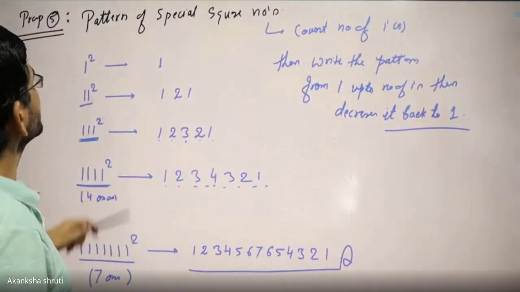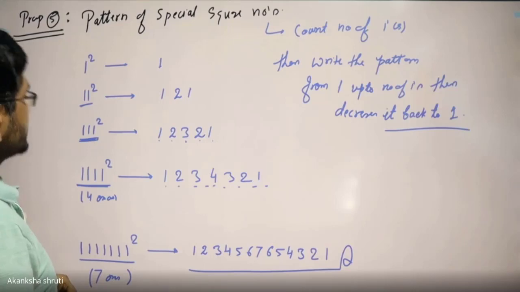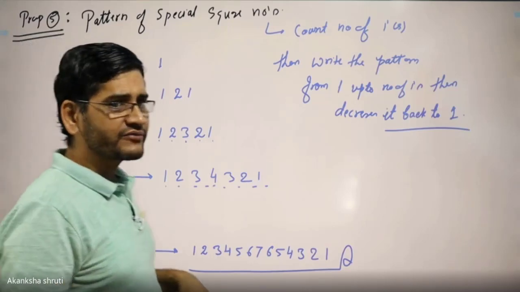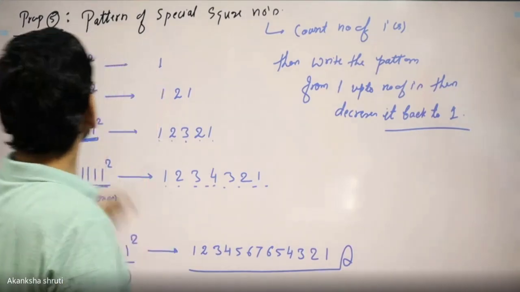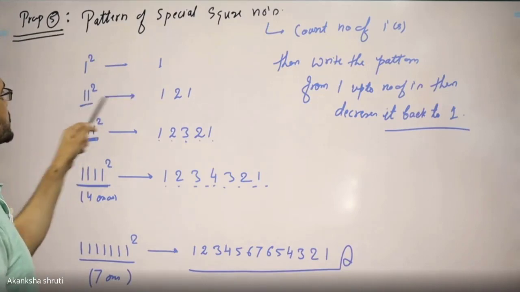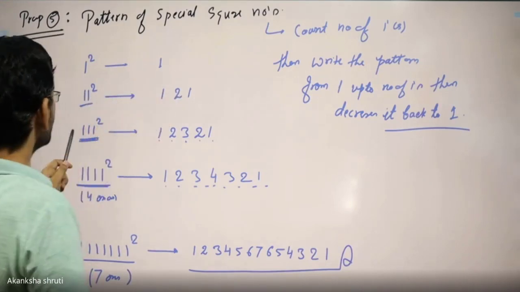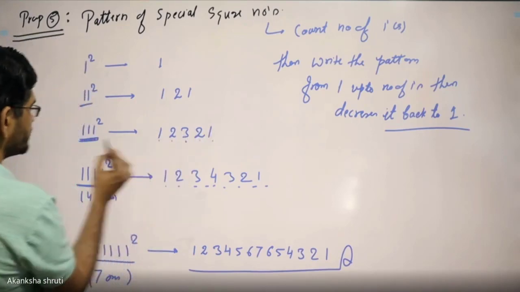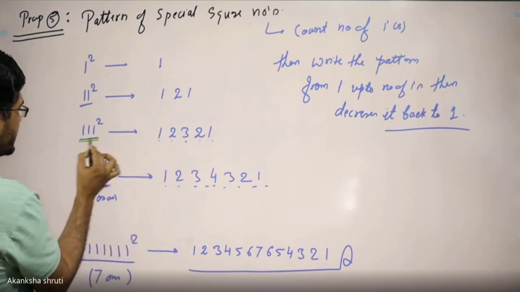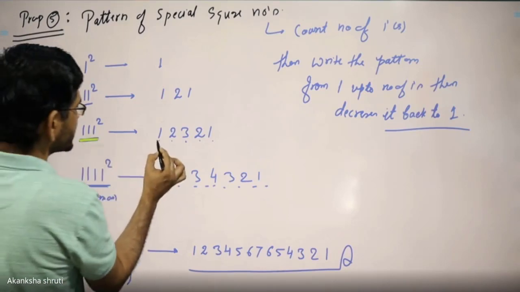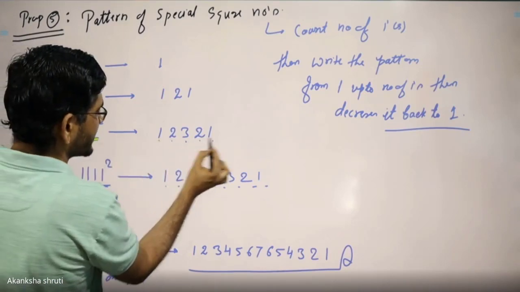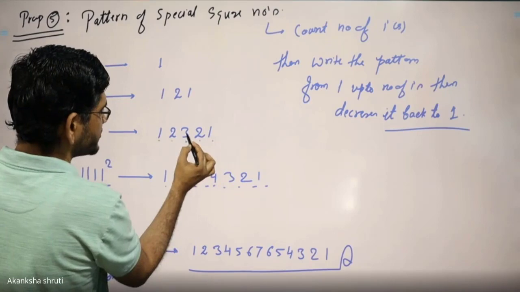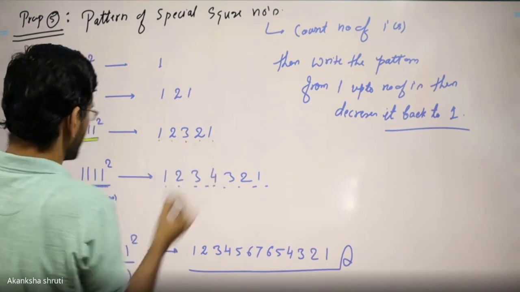Students, the 5th: there are certain interesting patterns that we are getting on squaring. Like say 1 square is 1, 2 square it is 1 2 1, 3 square 1 2 3 2 1. Means how we are writing? Continuously write from 1 to 3, then again return back, means from this 3 we have to decrease to 2 and 1.